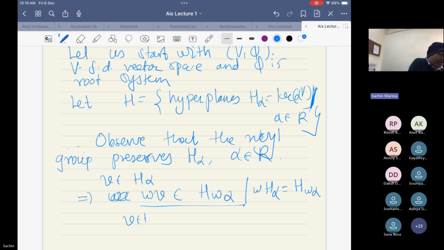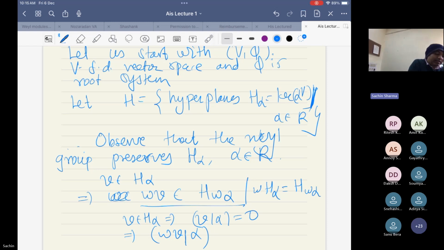V belongs to H alpha means V of alpha is equal to 0. But that implies, what do you expect? WV of alpha.